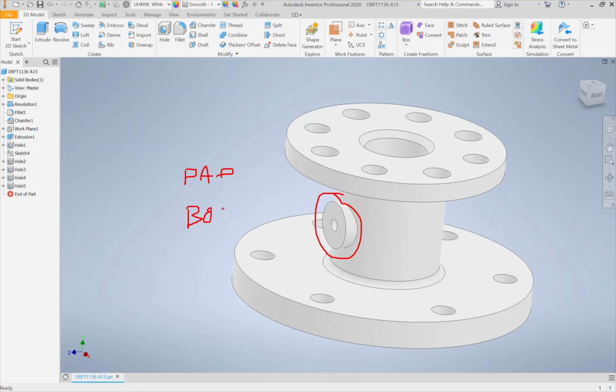It's a raised feature, so this component can be cast, and then this flat area could be machined nice and flat, and it may provide a means to mount something. If this is a piping system and we're coupling two sizes of pipes together, maybe there is a gauge or something that's going to mount to this boss.